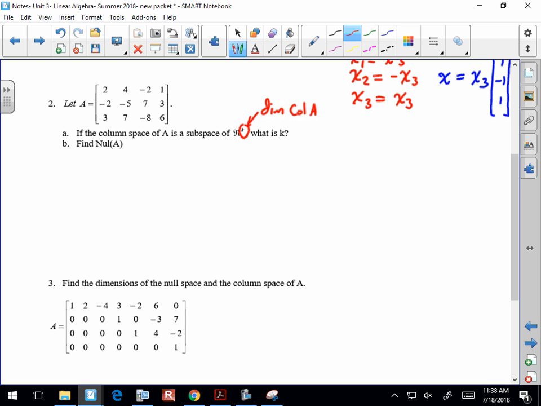R3 is in 3 dimensions. Real space, 2 ways, 3 ways, 5 ways. So if I'm looking for the dimension of the column space, I'm looking for the basis of the column space. Basically, looking for the number of pivot values that would make up the column space.